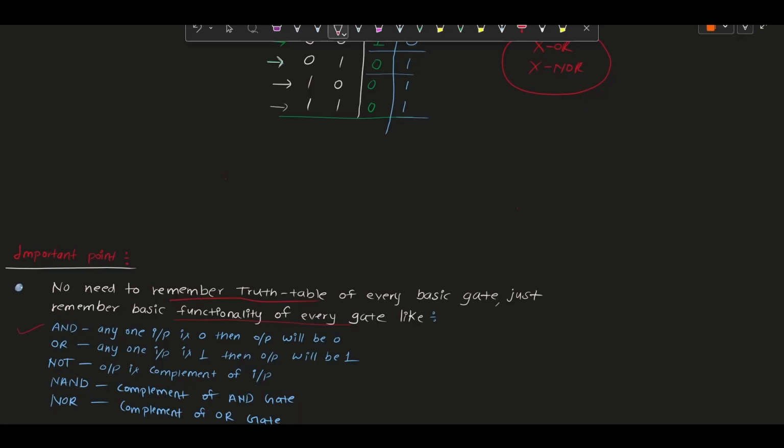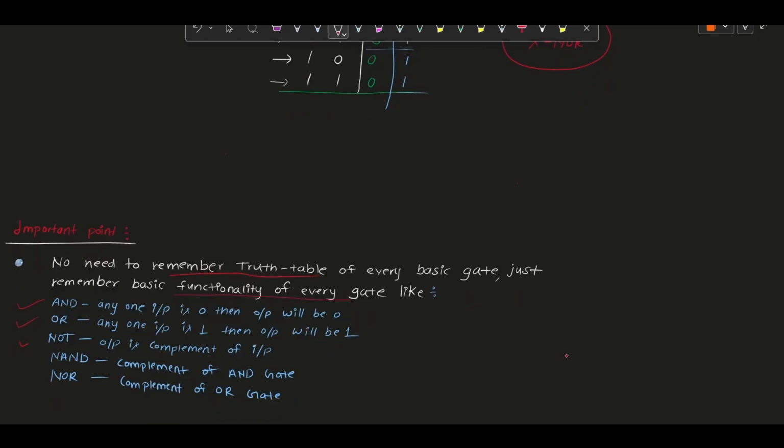If I talk about the AND gate, we know if any input of the AND gate is 0, then automatically the output of the AND gate will be 0 irrespective of the other inputs. Similarly, for the OR gate, we know if any input is 1, then automatically the output of the OR gate will be 1 irrespective of the other inputs. Similarly, for the NOT gate, the output is the complement of its input.